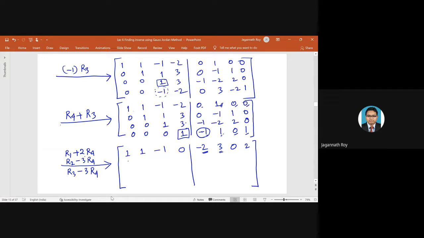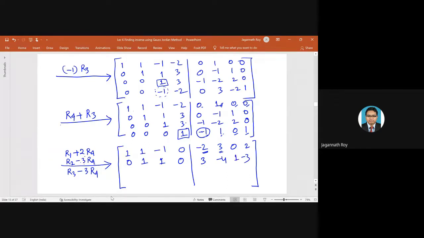Similarly, for the other rows, 0, 1, minus 3 times R4. So this becomes, okay, this is 1. This becomes 0. Now this is becoming 3 minus 4, 1 minus 3.